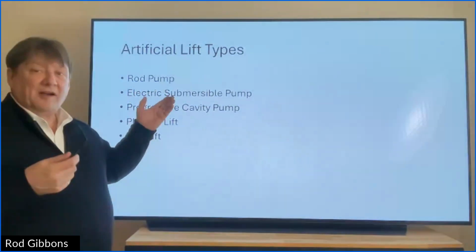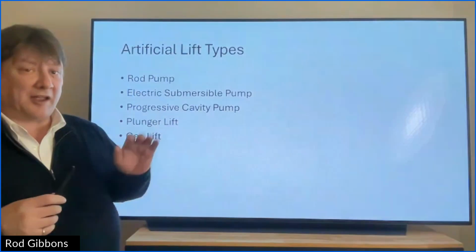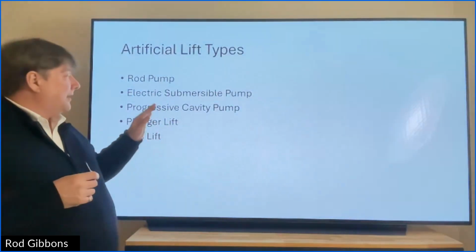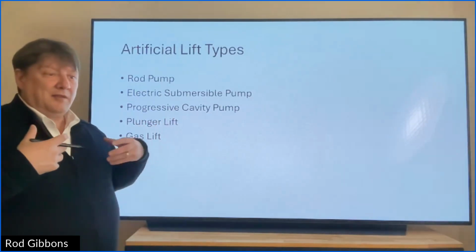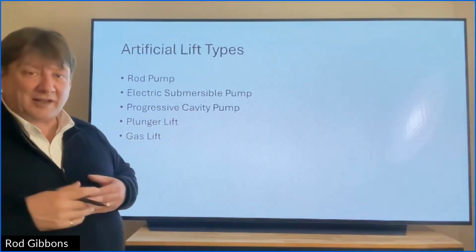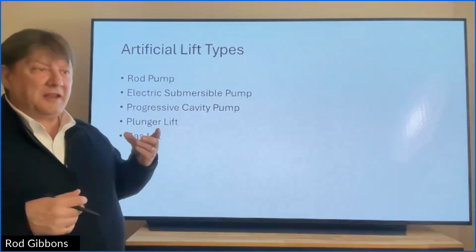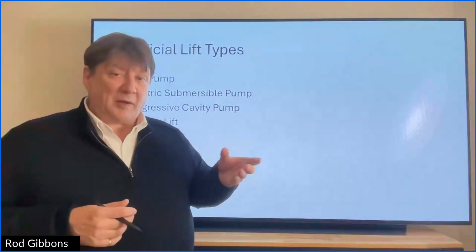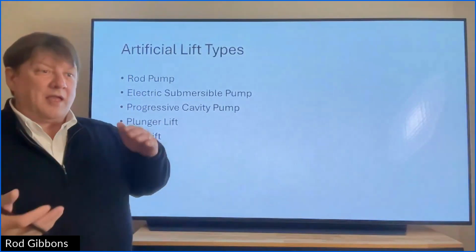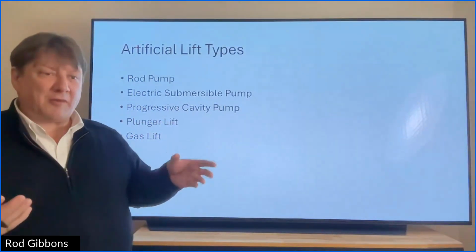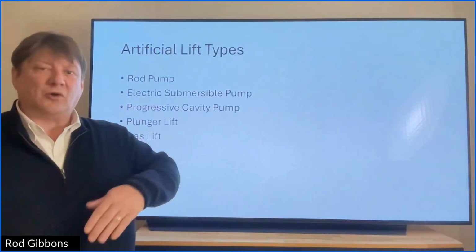Rod pumps by far are probably the most common. Again, a very high efficiency system, and lots of the moving parts are at surface, so that's a lot easier to deal with. Electric submersible pumps also very popular. Again, a rod pump can only lift a certain volume of fluid based on the pump diameter and how long of a stroke.